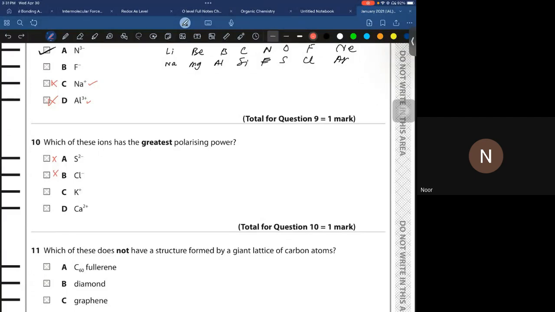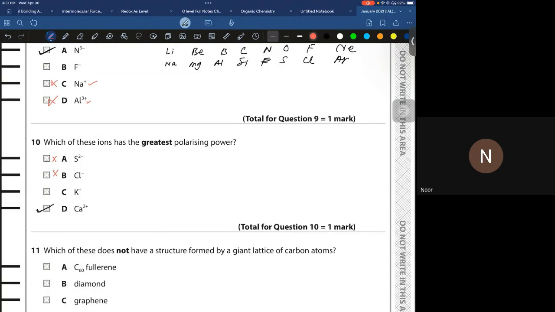Then we have to decide between C and D. C is K plus and D is Ca2 plus. Since the charge on calcium is higher, that is plus 2, of course it would have the greater polarizing power. This is the reason option D is correct.